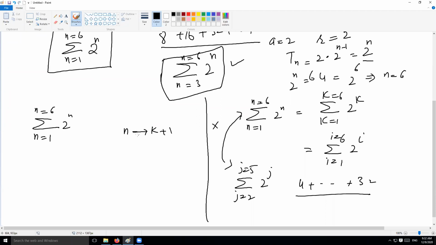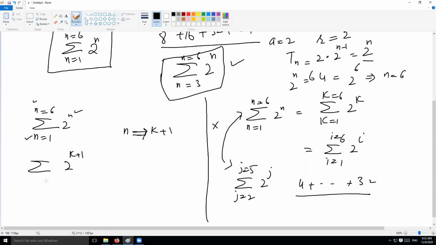In other words, I'm replacing n by k plus 1. Then you have to do what? You have to replace n by k plus 1 everywhere, in other words, here, here, and here actually. So this 2 power n will become 2 power k plus 1.